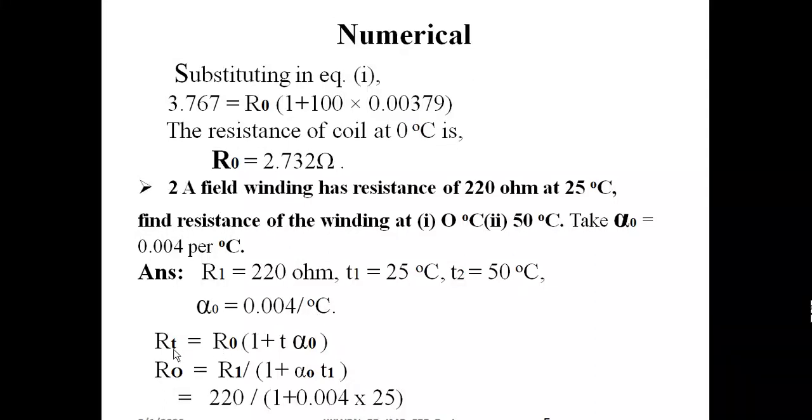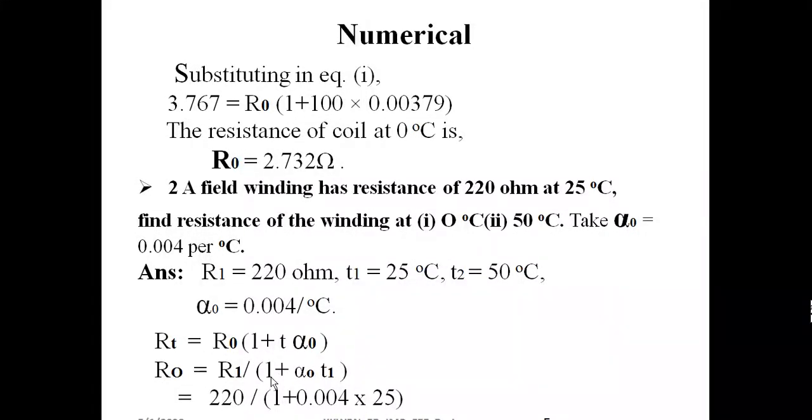So, we have to again use the same equation, RT = R0(1 + T alpha 0). Now, put in the values and rewrite as R0 = R1 divided by (1 + alpha 0 T1), where R1 is the resistance at T1 degree centigrade.